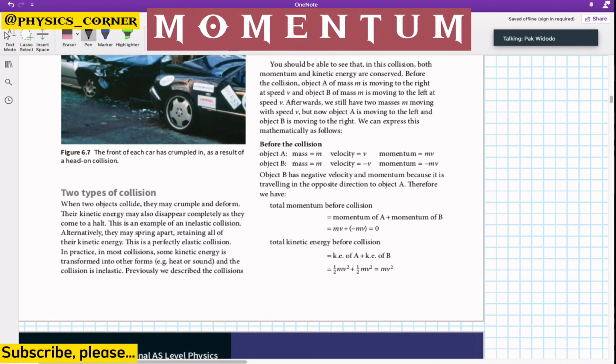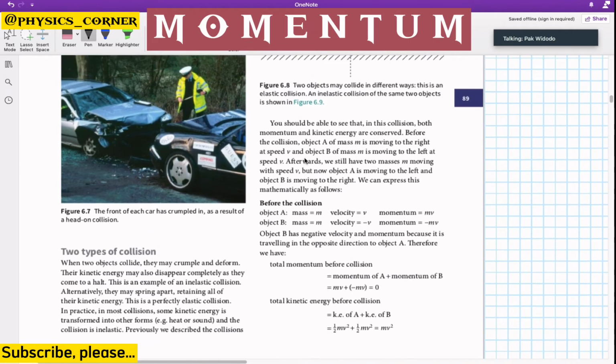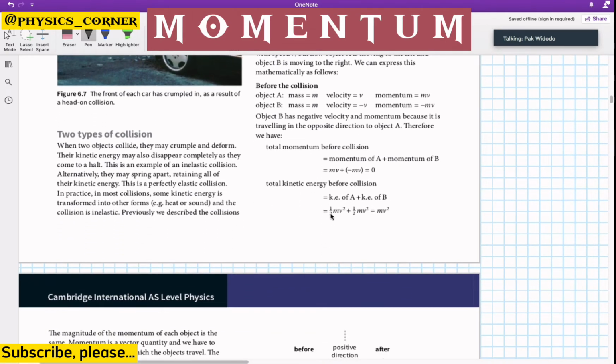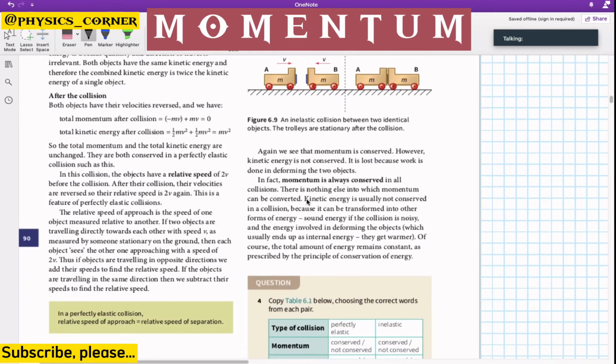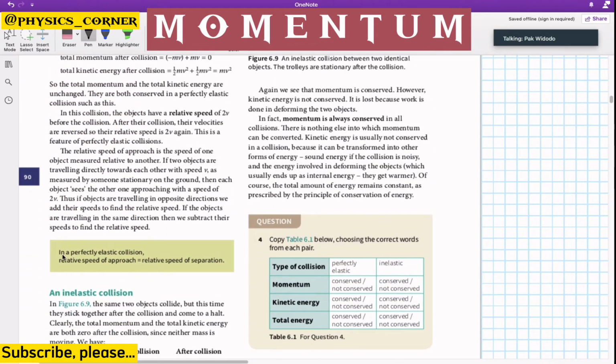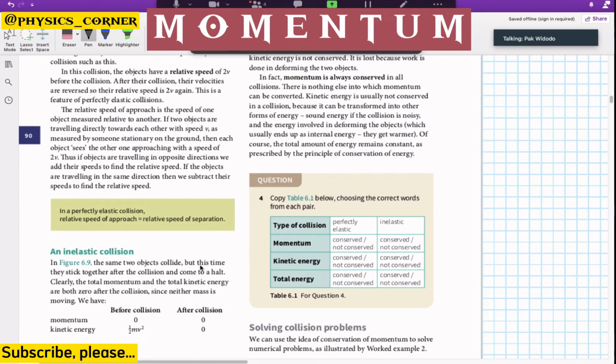This here, total momentum for collision, is about finding the momentum and kinetic energy. In a perfectly elastic collision, the relative speed of approach equals the relative speed of separation. Okay, that's it.